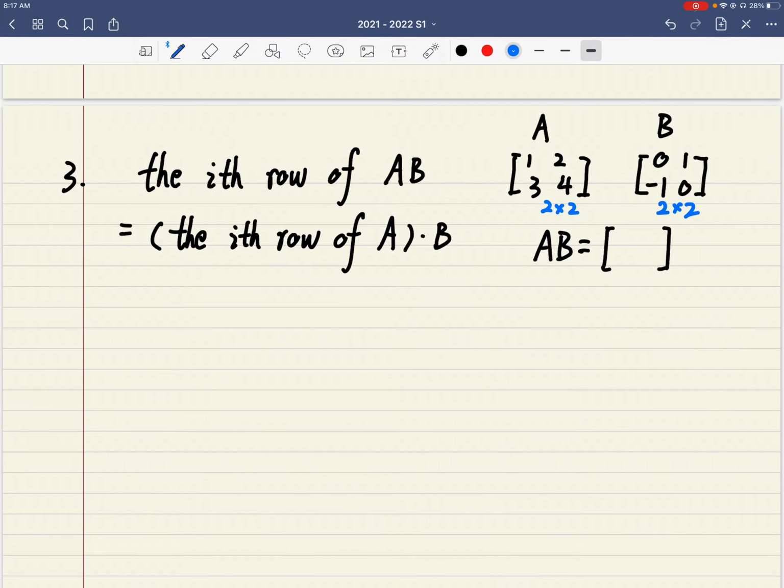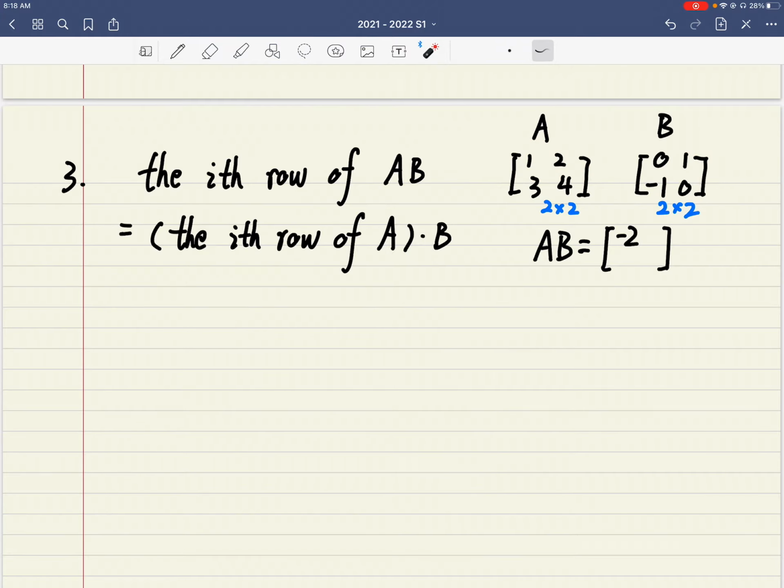Okay, and the 1, 1 entry is going to be the first row times first column. So just do it. It's 1 times 0 plus 2 times -1. The result is -2. The 1, 2 entry, first row, second column.